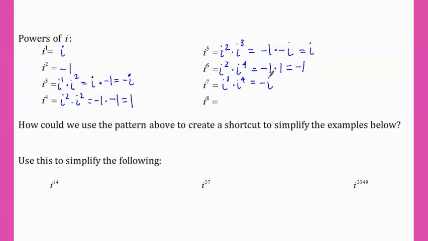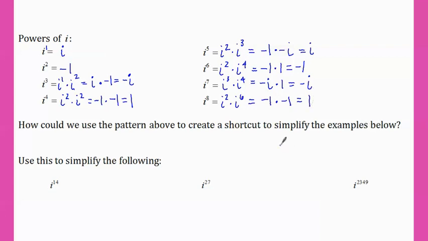So we have negative i times 1, which is negative i. And for i to the eighth, let's use 2 and 6. i squared times i to the sixth would give us negative 1 times negative 1, which is positive 1.